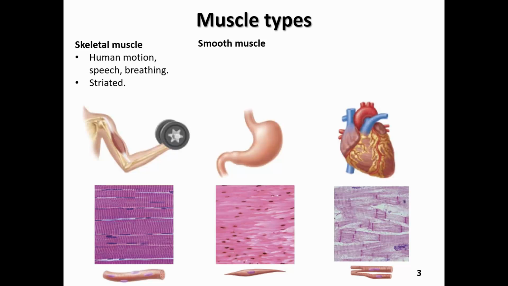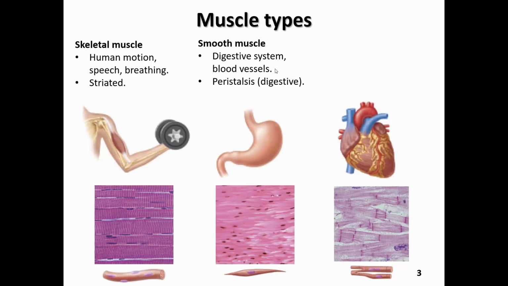The second muscle type here is smooth muscle, the type of muscle that we would find in the digestive system and in blood vessels. Within the digestive system, this smooth muscle produces force in a similar way. There are some unique differences, but it produces force as skeletal muscle does.